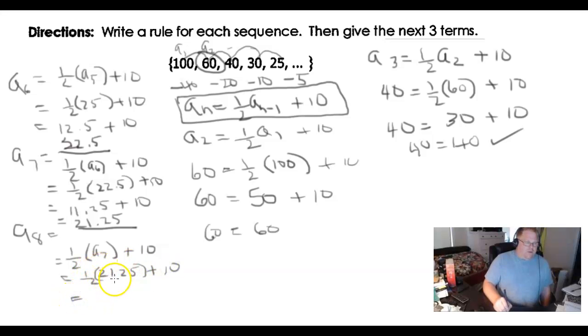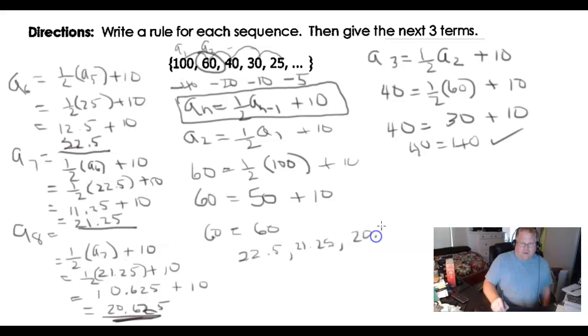Half of 21.25 is 10.625 plus 10, so 20.625. Alright, so I've boxed my rule, and my three terms are 22.5, 21.25, and 20.625. Done.